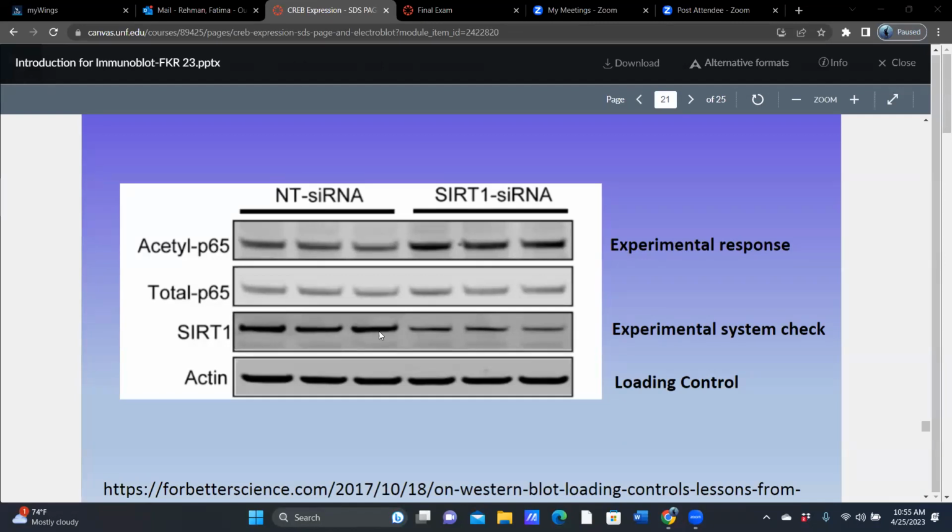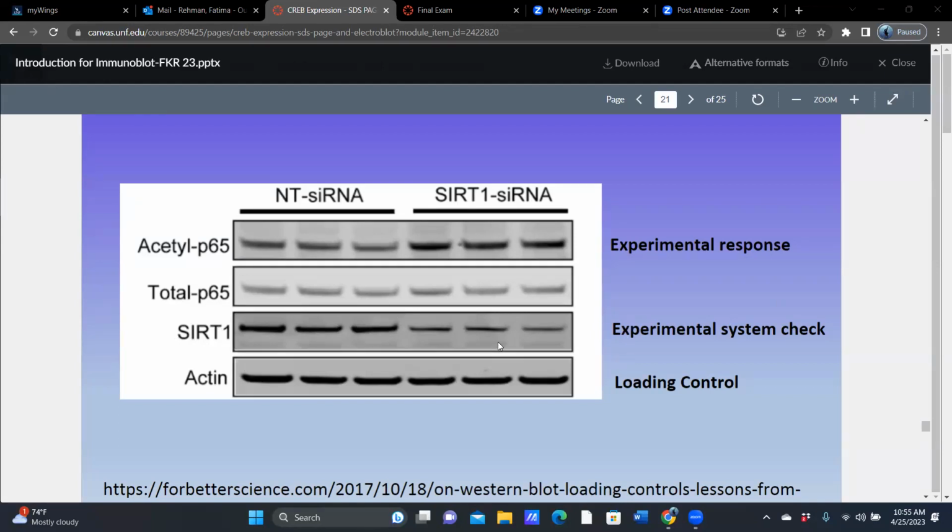Again, we are looking at the general band intensity and its size. They're all going to have the same width, but they will be less bright, and they might be thinner if there is less of it. So looking at this SIRT1 lane, the experimental system check one, is there inhibition of SIRT1 when we do siRNA treatment?